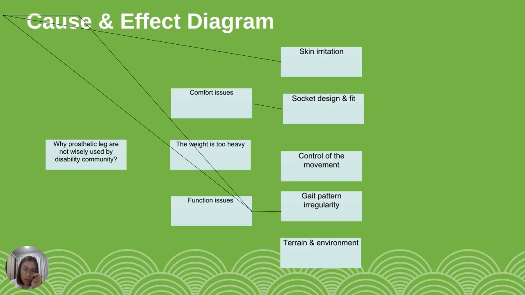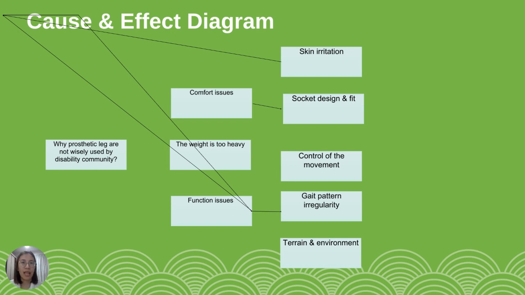Next, we move on to the cause and effect diagram. The cause and effect diagram highlights the comfort issue, excessive weight, and the functional limitation of the prosthetic leg. This can result in various negative effects such as skin irritation, poor socket design and fit, difficulty in controlling movement, limited adaptability to different terrain, and irregular gait pattern.